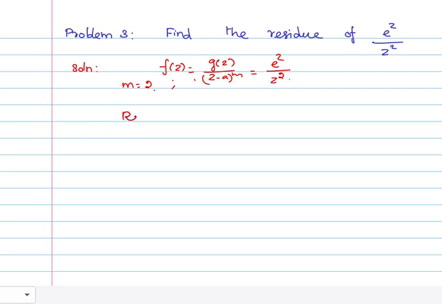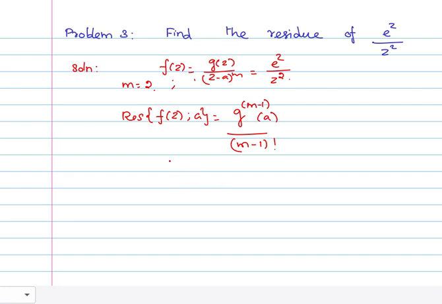The residue of f of z is the (m minus 1)th derivative of g at a, divided by (m minus 1) factorial.